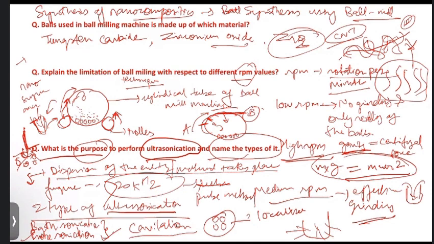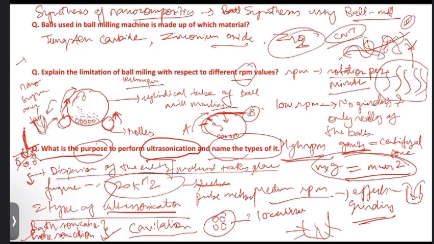Oh, you're asking the assignment question, I think. Just tell me what is mg. M is the mass, G is the gravity. So here they are comparing the gravitational force and the centrifugal force.